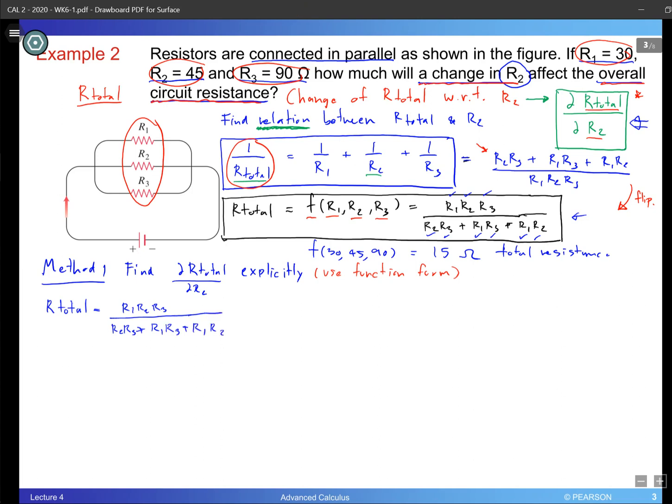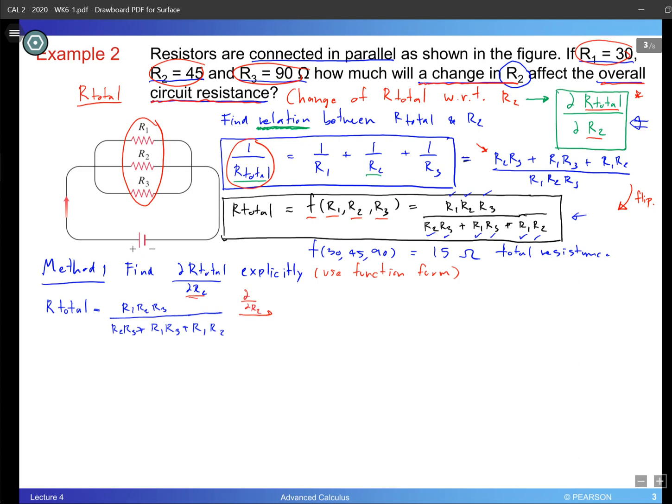Alright, we have this fraction for the R total. And then we are going to perform the differentiation of this whole term with respect to R2, because we need to find this, right? So we are going to diff this with respect to R2.